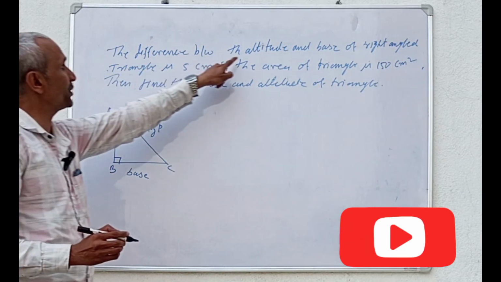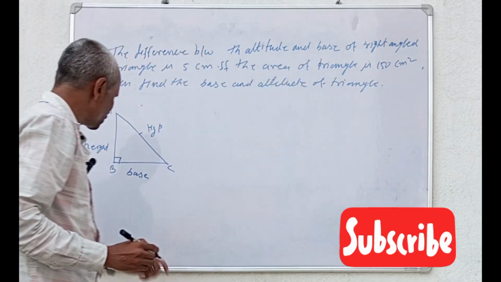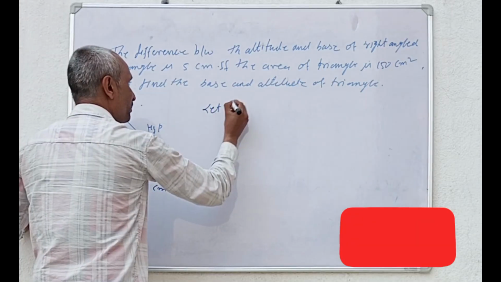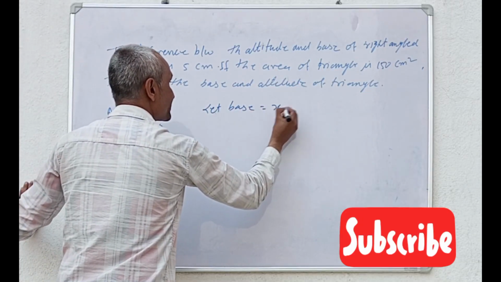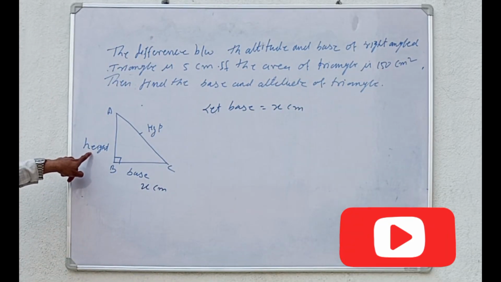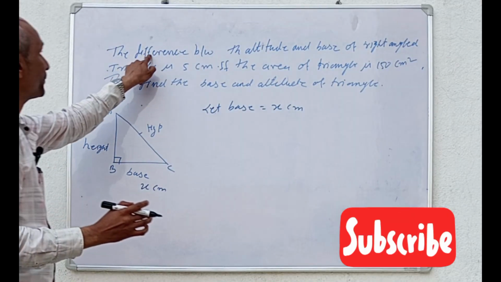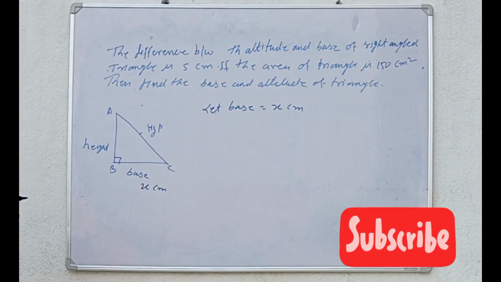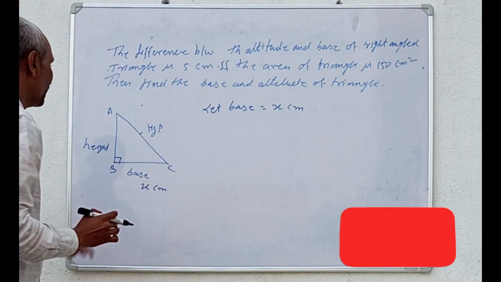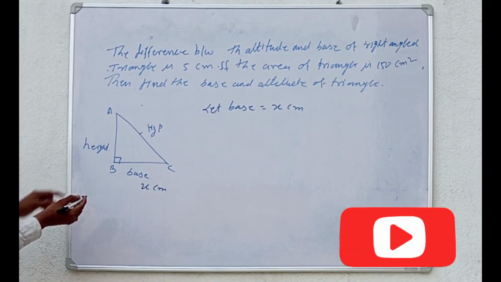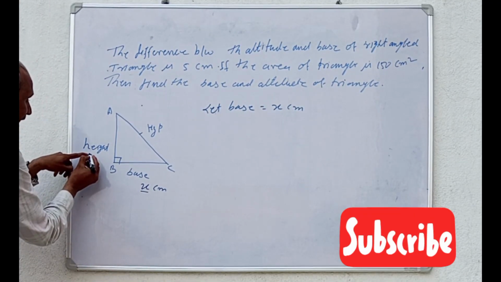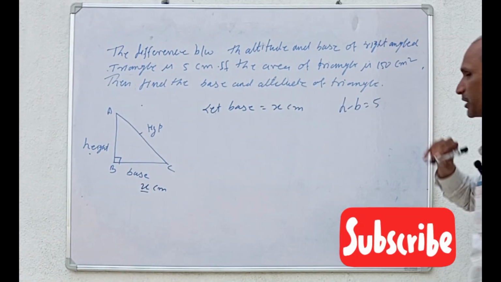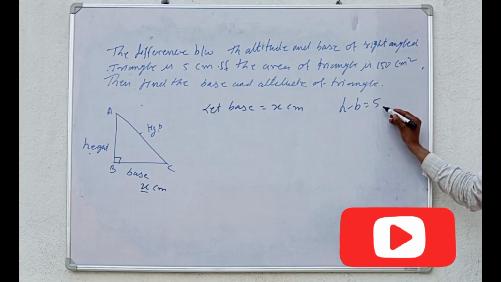In that, the difference between the altitude and base of the right angle triangle is given. Suppose that we take the base as x centimeter. Then what is the height? The difference between the altitude, meaning height, and base is 5 centimeter. So height minus base is equal to 5 centimeter.